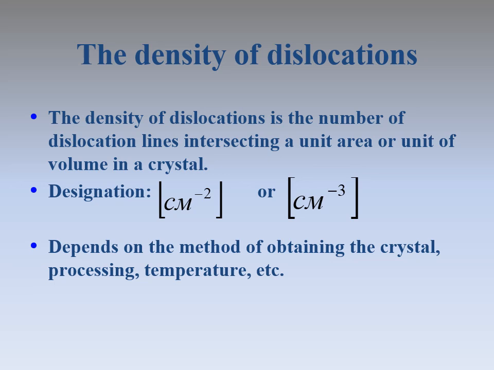There are dislocation-free crystals. To understand these figures better, we note that when the dislocation density is only 1000 centimeter minus 2, the total length of dislocation lines in 1 cubic millimeter of the crystal is 1 kilometer. It is a very big figure.